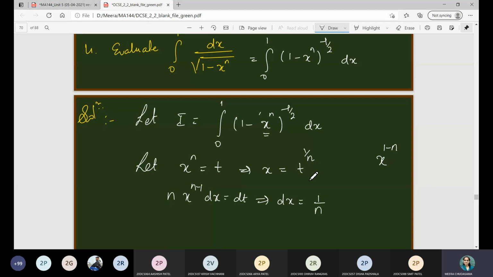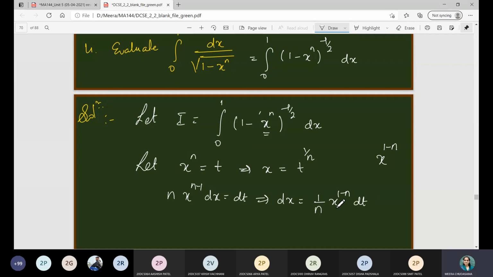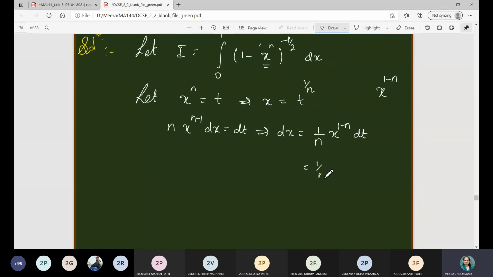So what is x? We have written it over here; let me write the entire quantity, otherwise some of you will get confused. So x raised to 1 minus n dt, and let us convert this x now. So x is t raised to 1 upon n, all raised to 1 minus n dt. So when you simplify, this is 1 upon n t raised to 1 by n minus 1 dt.